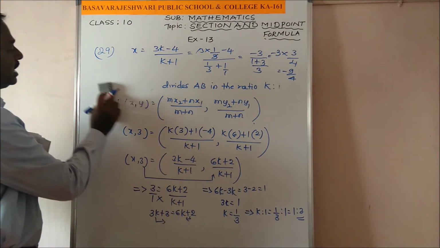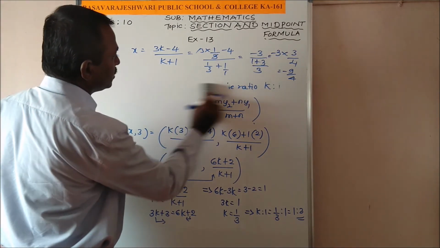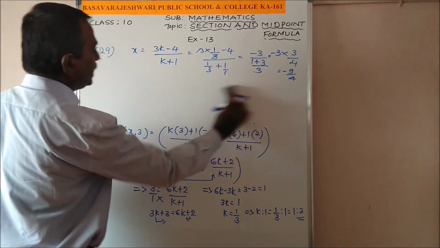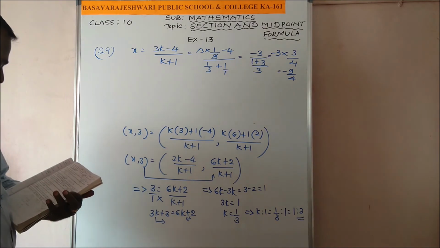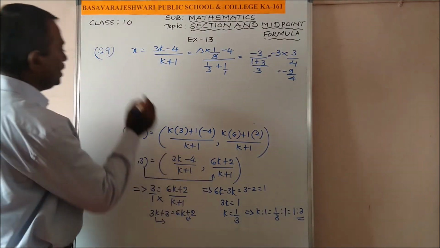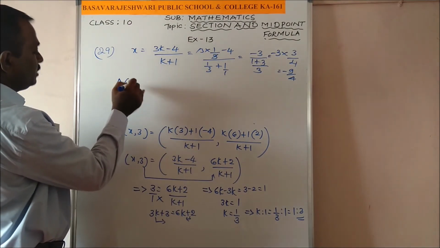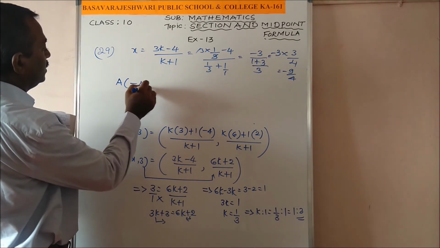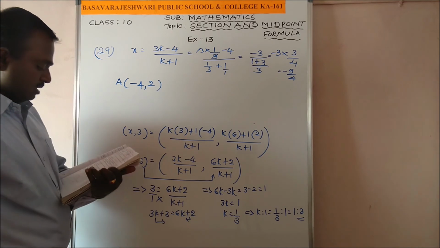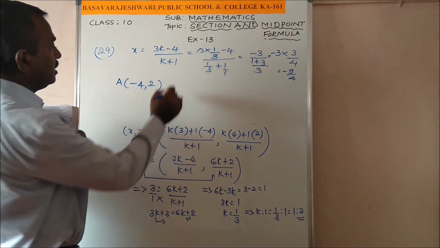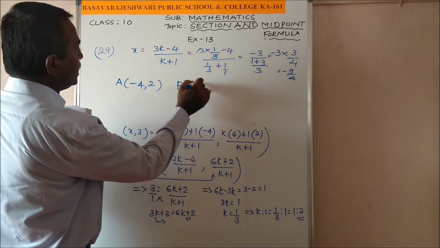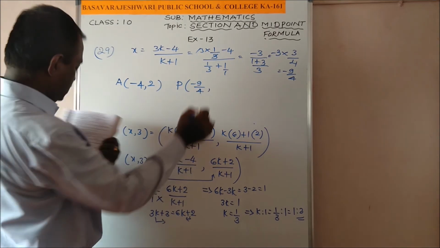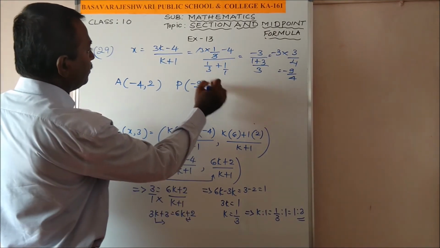Now one more question they are asking us to find out. So what is that question? You have to find out the length of AP. A is how much they are given? A is (minus 4, 2). Correct? And P we got (minus 9 by 4, 3).